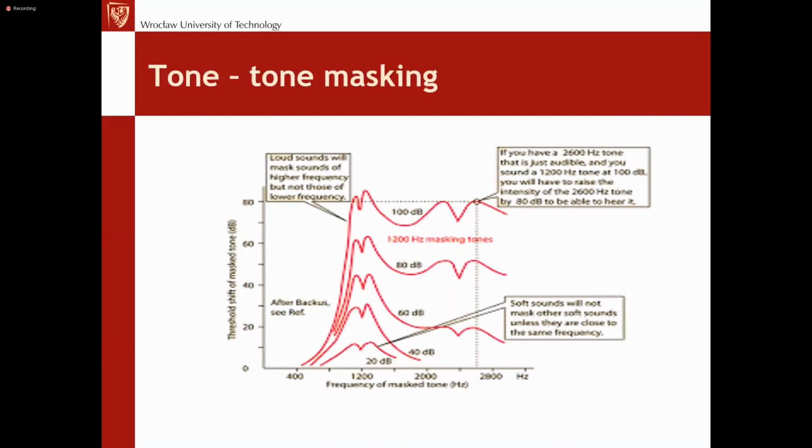And we can talk about two masking conditions. First is tone-to-tone masking, and this is a specific kind of masking which exists only in a laboratory, or it's very hard to find this situation in real life.